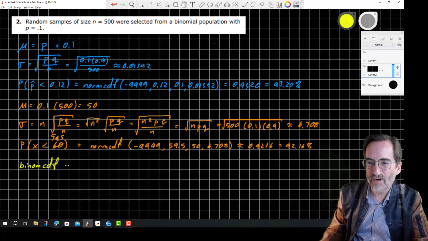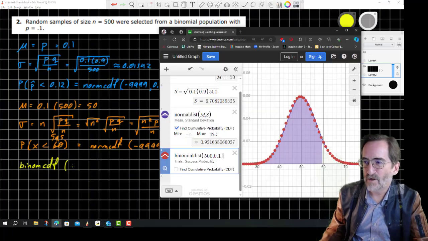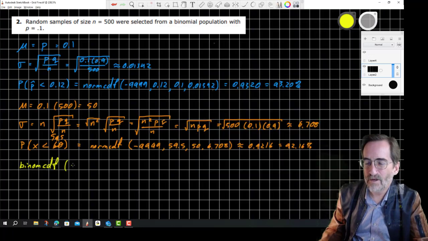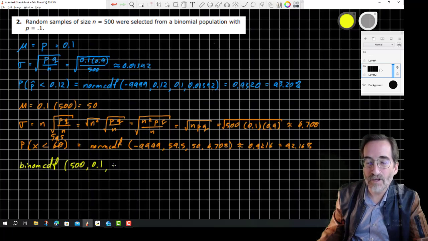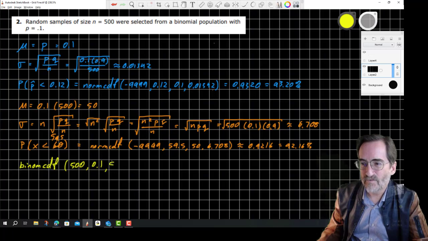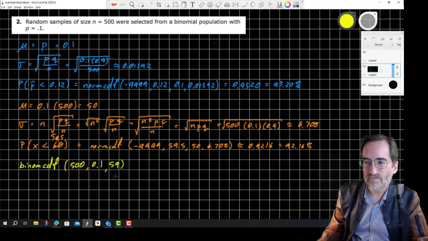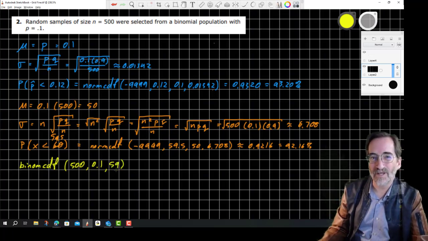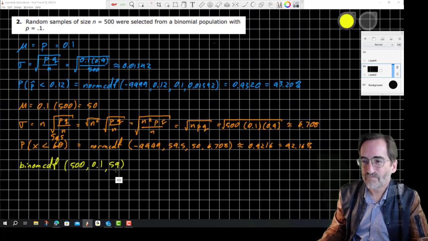I do know you need n, the 500, the 0.1 probability, and then the bound. Actually, I think it's just the upper bound, in this case 59, right? Because 59 is the first whole number that's less than 60.